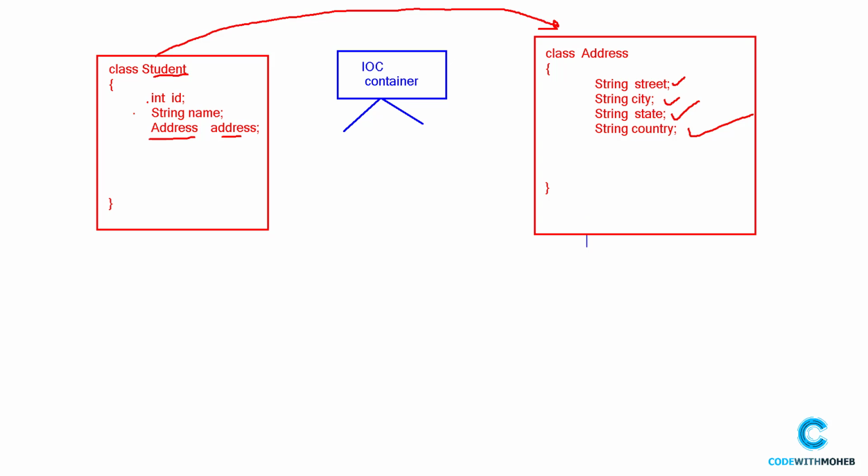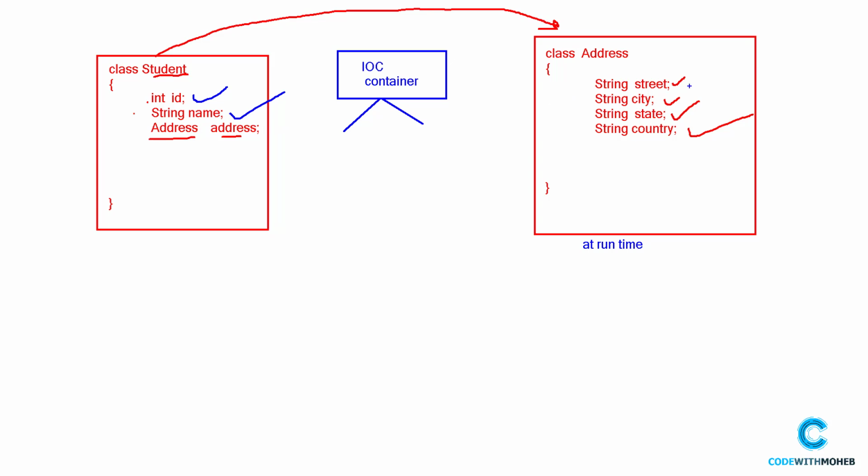The container will make them ready for use. The IOC container will also create the Student class object and set the values of Student, for example ID and name, and will inject the Address class object into the address variable.